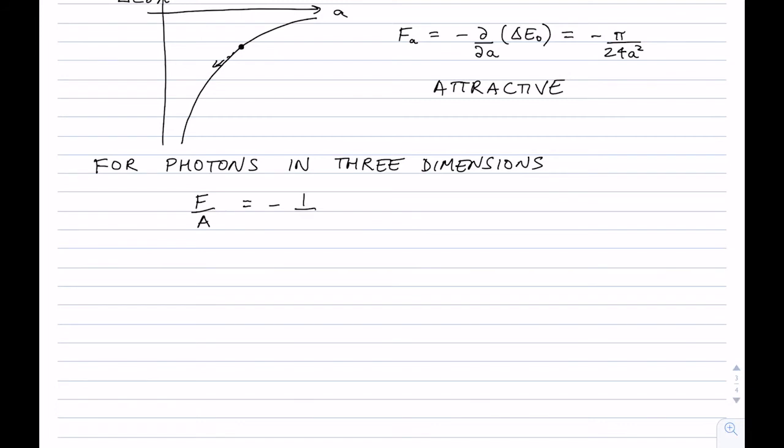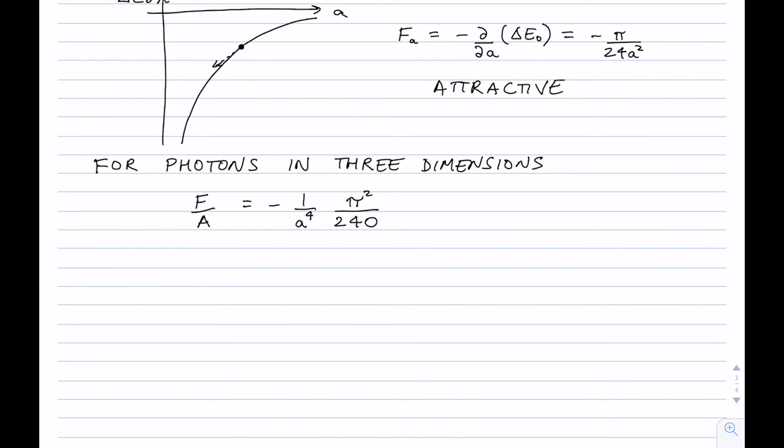I'm not going to do the calculation, obviously, I'm just showing what the answer is. You get minus 1 over a to the 4, and that a to the 4 is because you've got a three-dimensional case, so you get this force over area has to have these units.